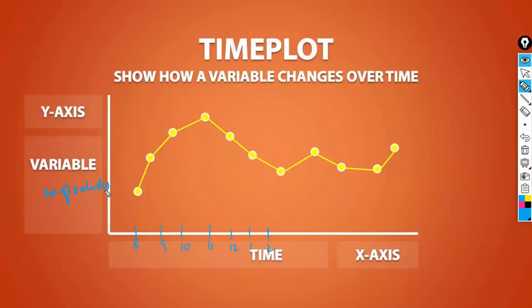So here we are going to count the number of vehicles. As time changes, the number of vehicles are increasing or decreasing. So that we are representing by using a line plot. So the time series variable will be represented by using a line plot. For different types of data, we have different types of plots. We can't apply the same plot for everything.